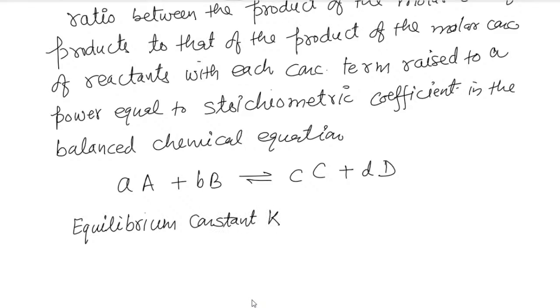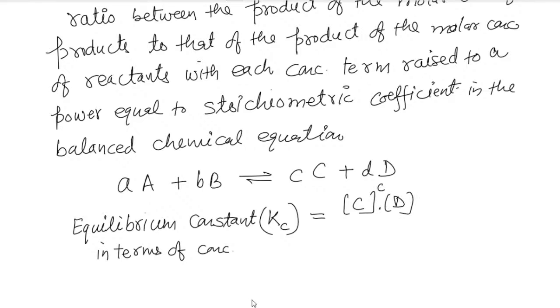that is K. This is actually called Kc. Why? Equilibrium constant in terms of concentration. So that is equal to concentration of C into concentration of D raised to power c, d, divided by concentration of A into concentration of B raised to power small a, small b.